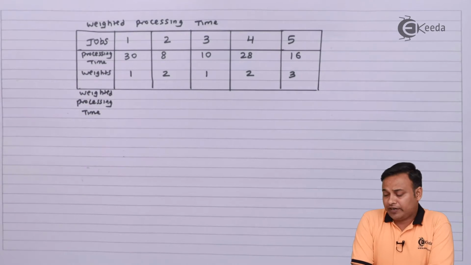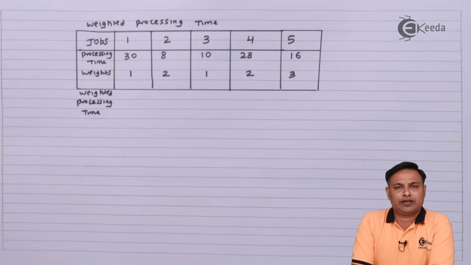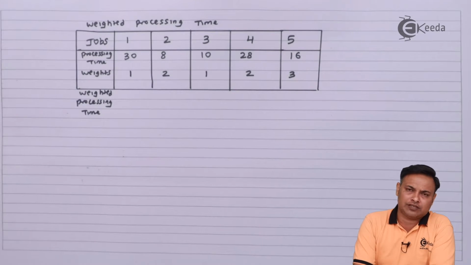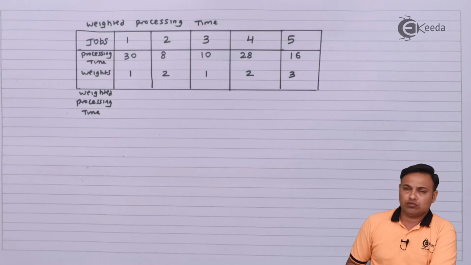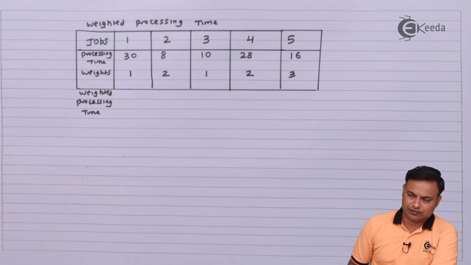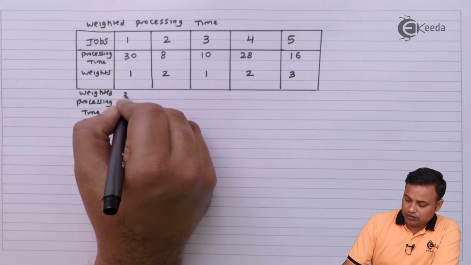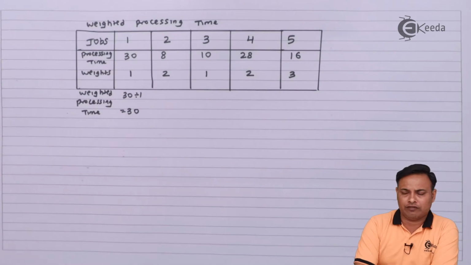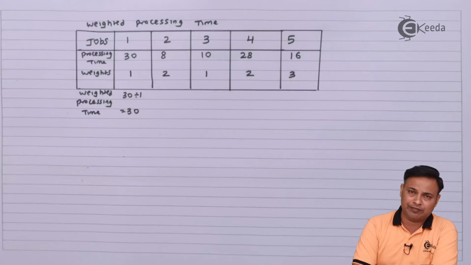In case of weighted mean flow time, first we'll calculate the weighted processing time, and based on that our new sequence will be decided, because this is weighted, this is not the simple mean. Now how to do the weights here is to divide, that is 30 divided by 1. So you divide by the weights to get the weighted time.